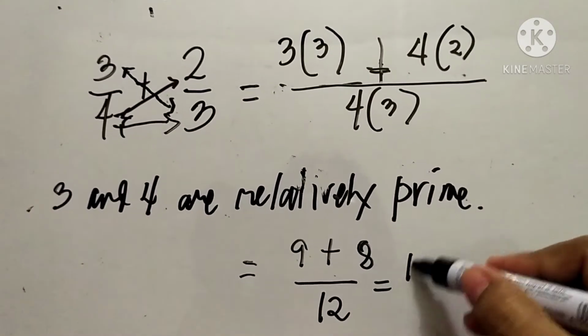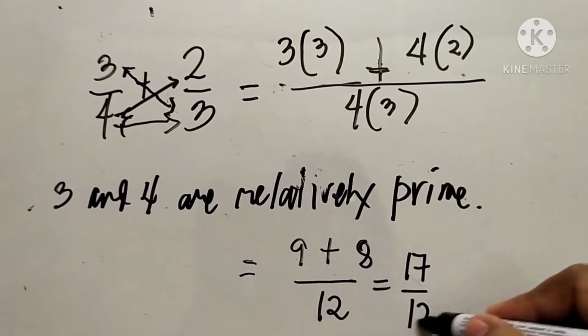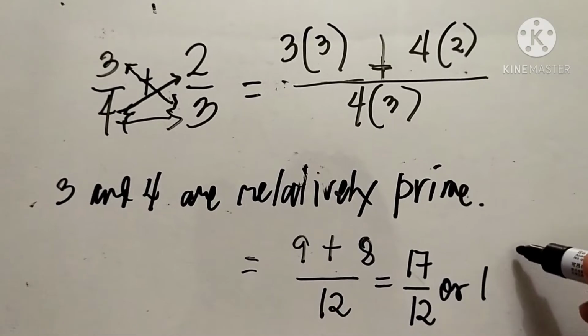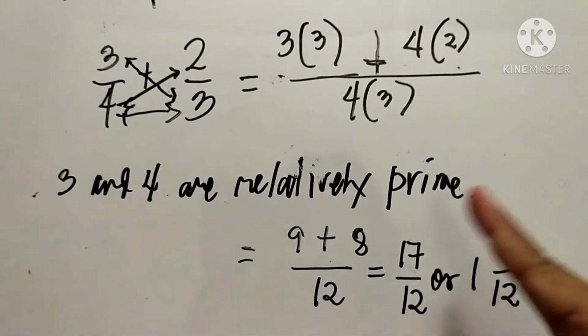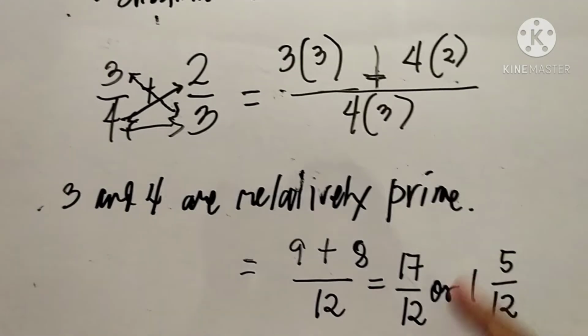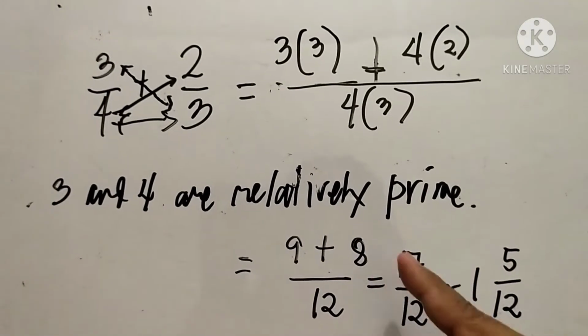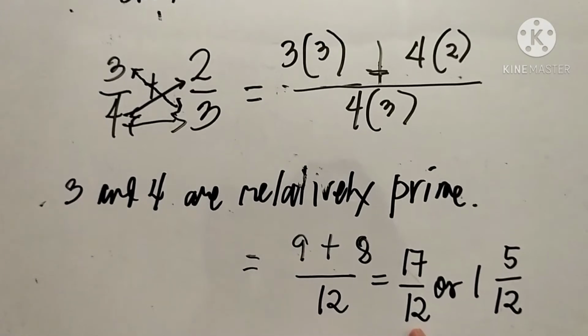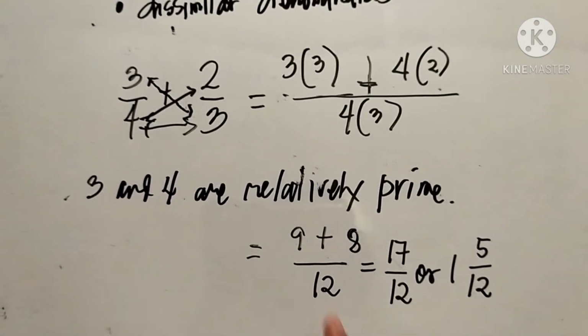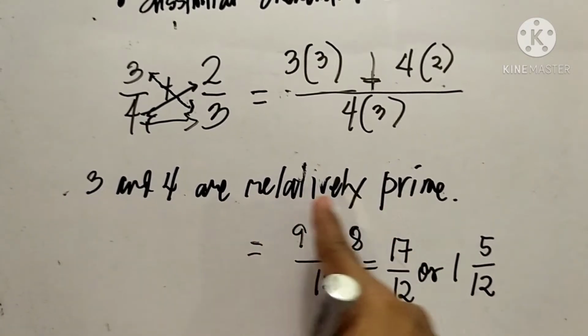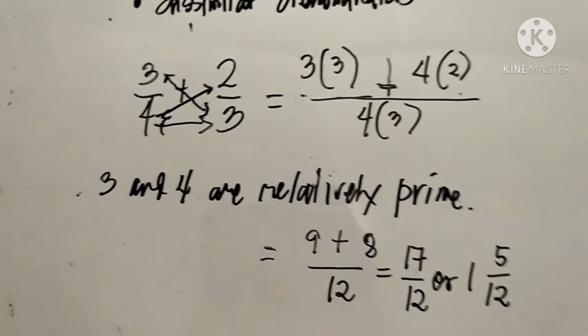And that is 17 over 12, or 1 and 5 over 12. We express it in mixed number if the numerator is bigger than the denominator. So that's the easiest. That is only applicable if they are relatively prime.